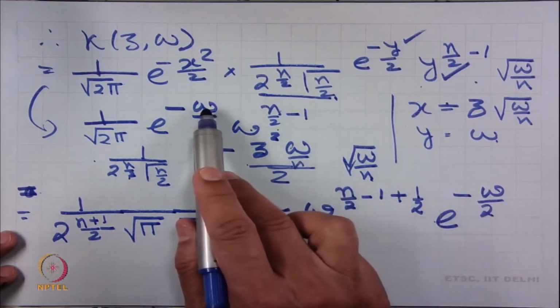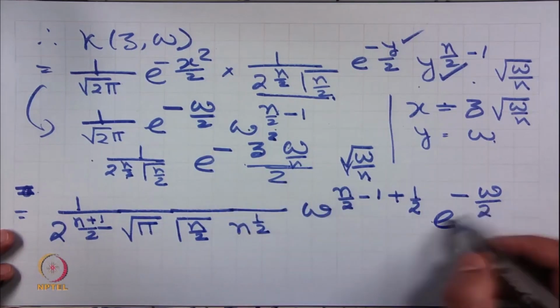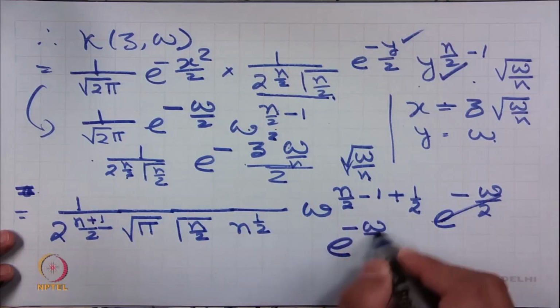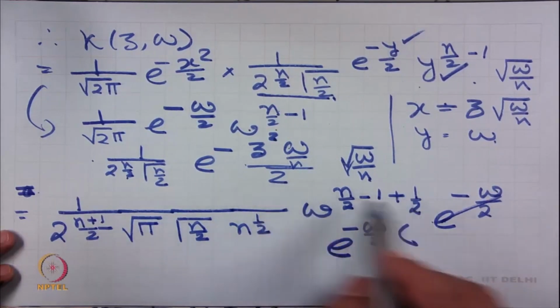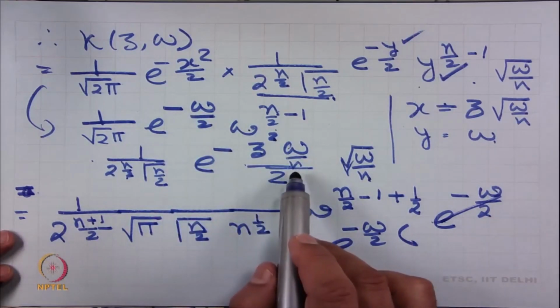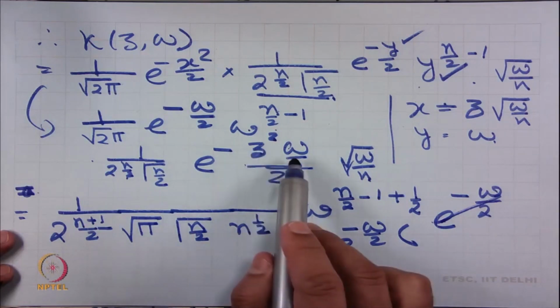From here it is w by 2, from here also it is w by 2, multiplied by e to the power minus w by 2 into, from here I am getting 1, from here I am getting 1, from here I am getting z square by n.